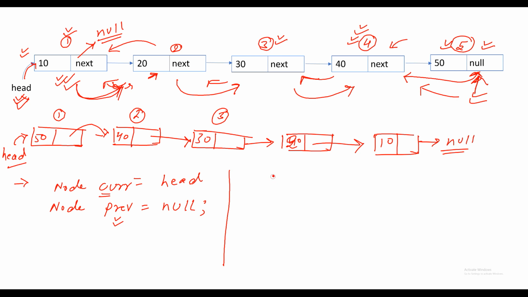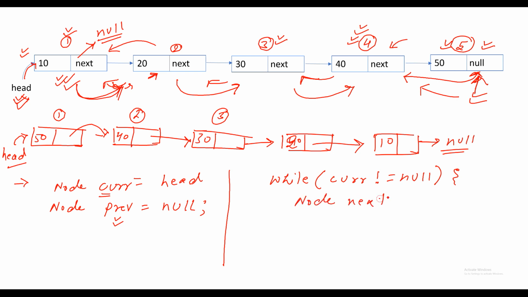So see, you run your while loop till your current is not equal to null, and you have to move this to here, right? So there will be one temporary variable we will keep, which will hold the next.